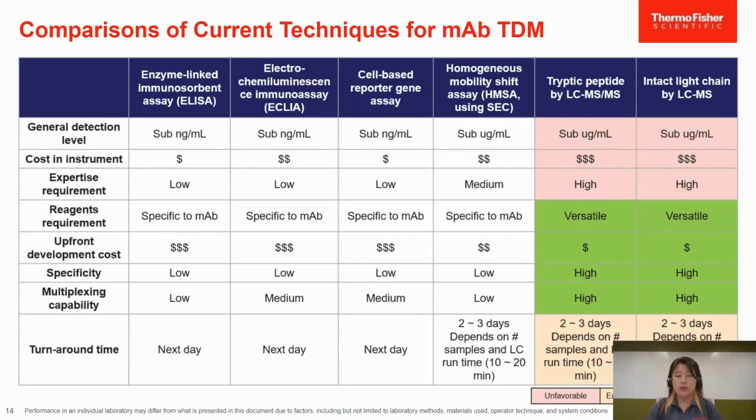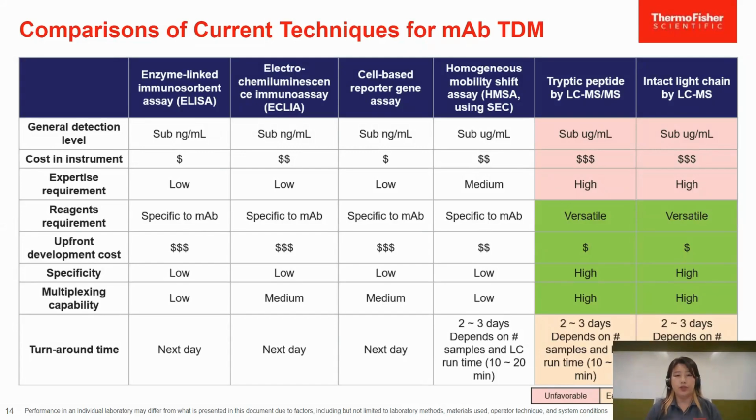Since the mass spec measures the molecular mass directly, the specificity is really high. And again, as I mentioned before, you can apply the generic reagent, so multiplexing capability is quite high compared to the other assays. However, turnaround time is a little bit longer based on typical LC-MS settings.